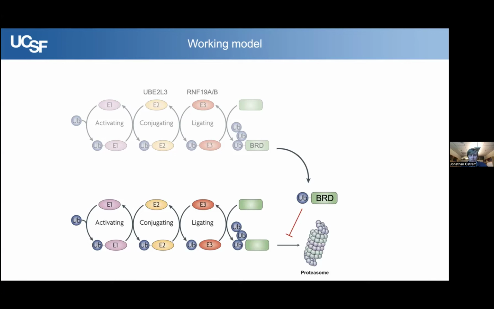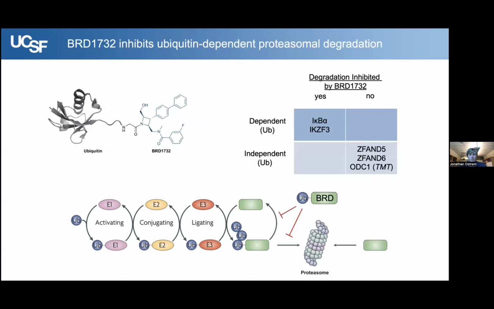Upon ubiquitination, as it accumulates at very high concentrations, it's able to inhibit proteasomal degradation of ubiquitinated substrates while having no effect on proteasomal degradation independent of ubiquitin. Now, these data are consistent with the fact that 1732 blocks ubiquitin-dependent degradation of IκBα or IKZF3, but does not block the ubiquitin-independent proteasomal degradation of ZFAN5 and ZFAN6.